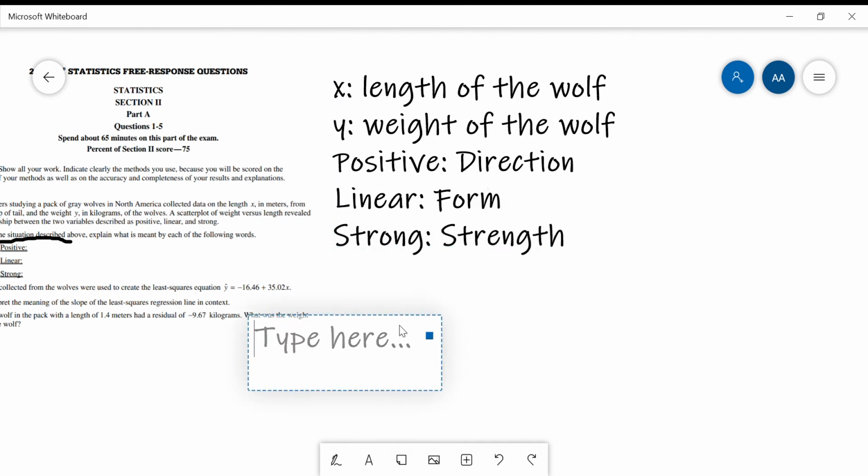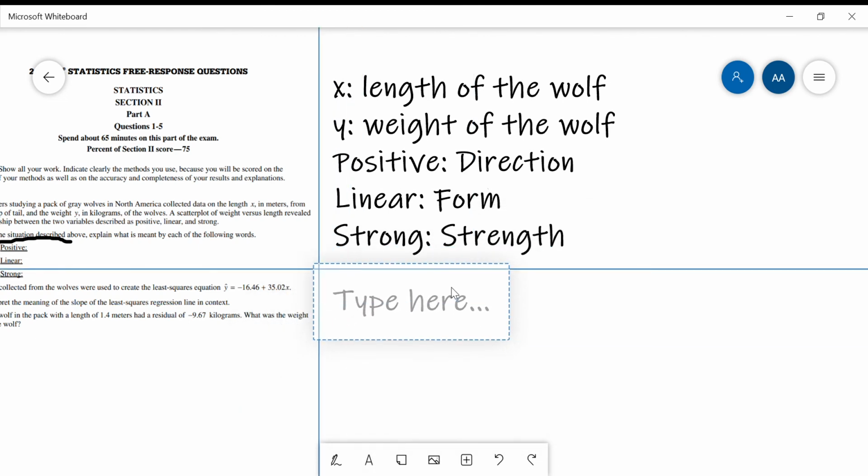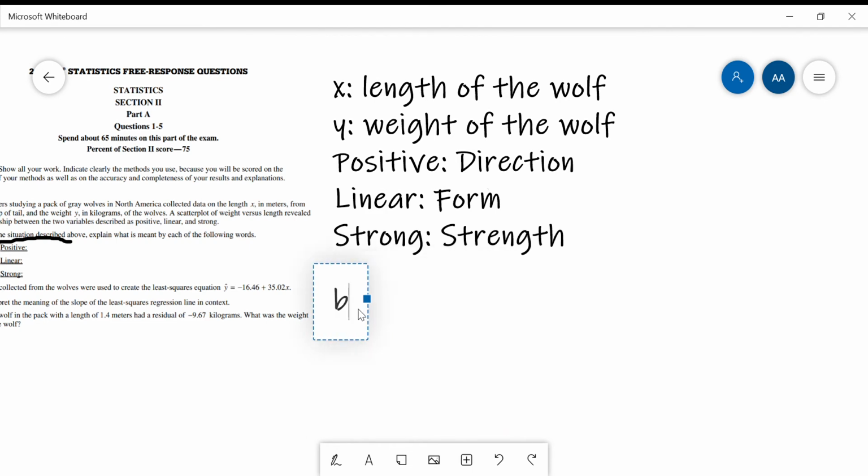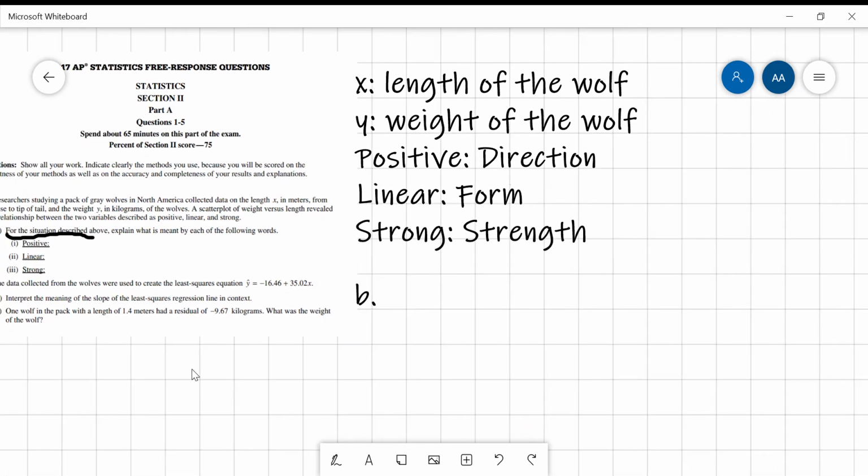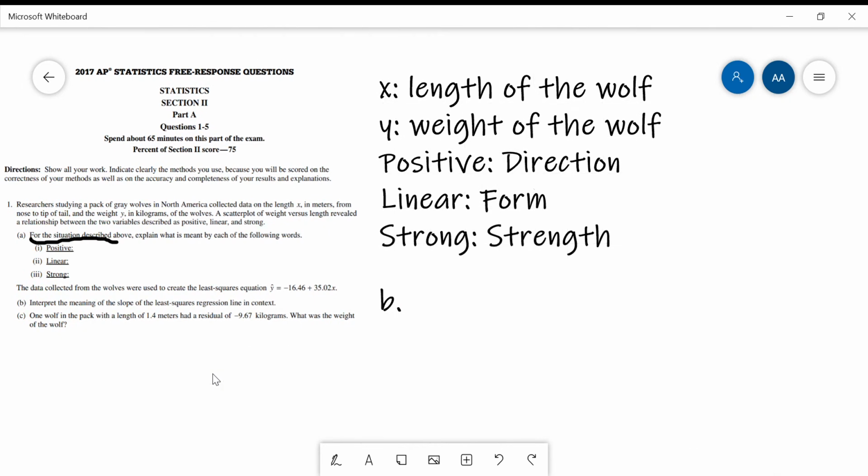open a new text box, and here we're going to start doing part B. Before we start doing part B, they give us a little line here: y hat is equal to minus 16.46 plus 35.02x. By the way, if you see y hat right here, I put a little red marker there.